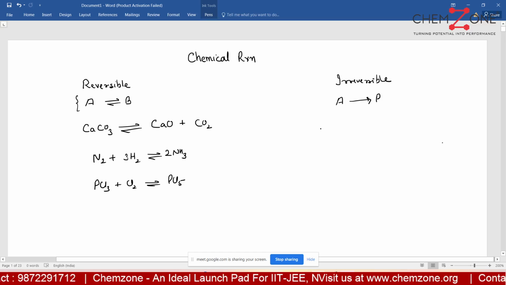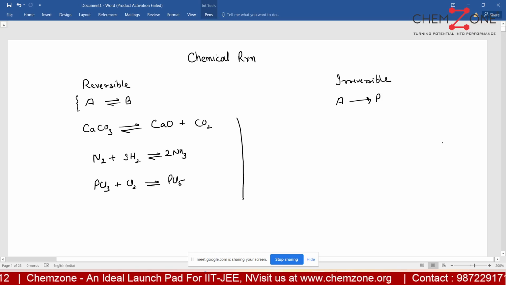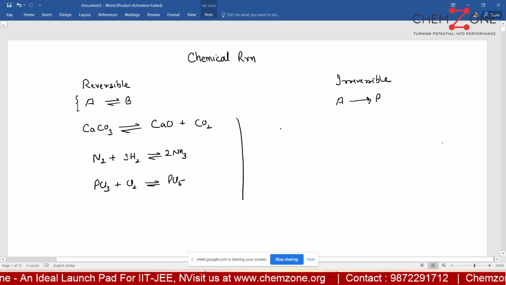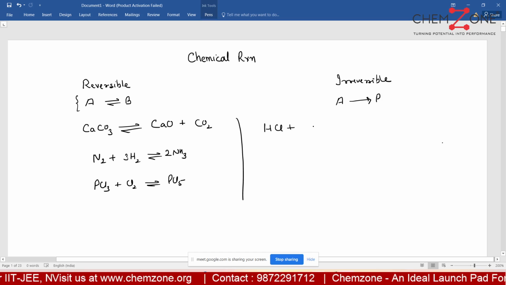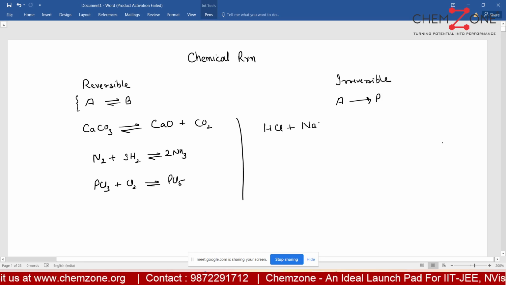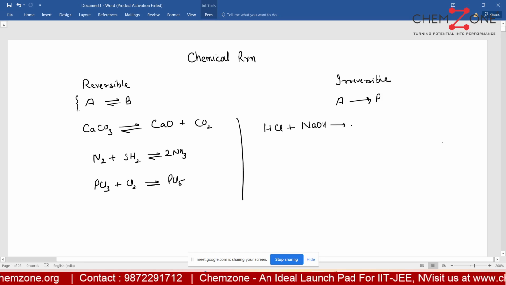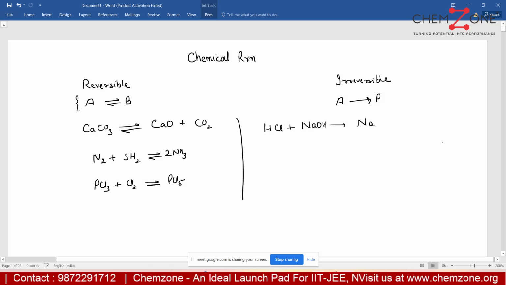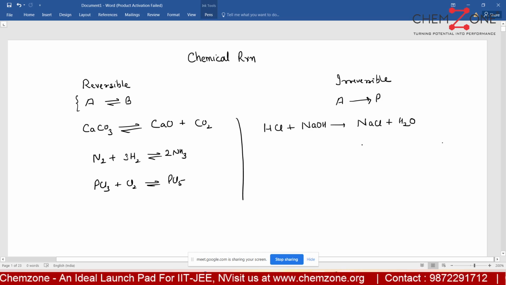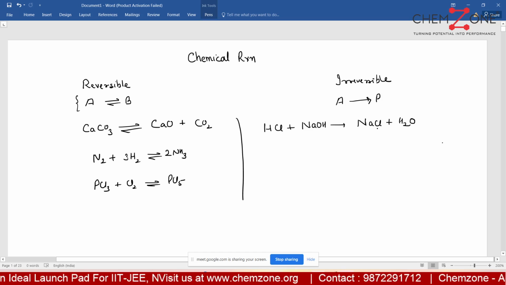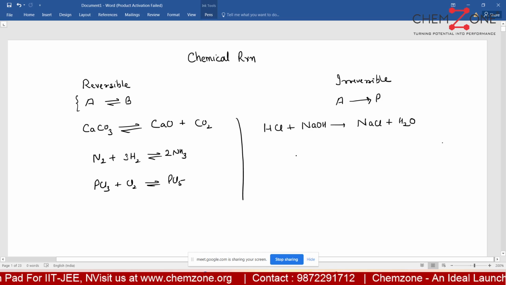And irreversible are those where once the products are formed, they cannot be reversed back. For example, hydrochloric acid neutralized by a base NaOH forms NaCl plus water. Once the salt is formed and dissolved in water, we cannot get an acid and a base back.